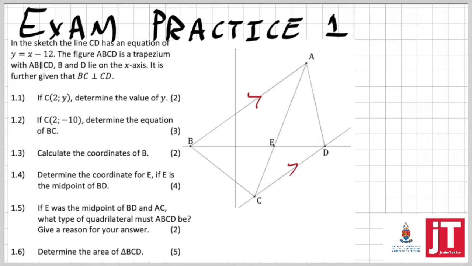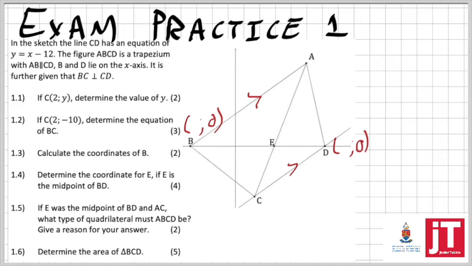B and D lie on the x-axis. It is given that BC is perpendicular to CD. Now I'm just going to put in one or two extra things. Because they lie on the x-axis, I know that the y values are 0 for both B and D.